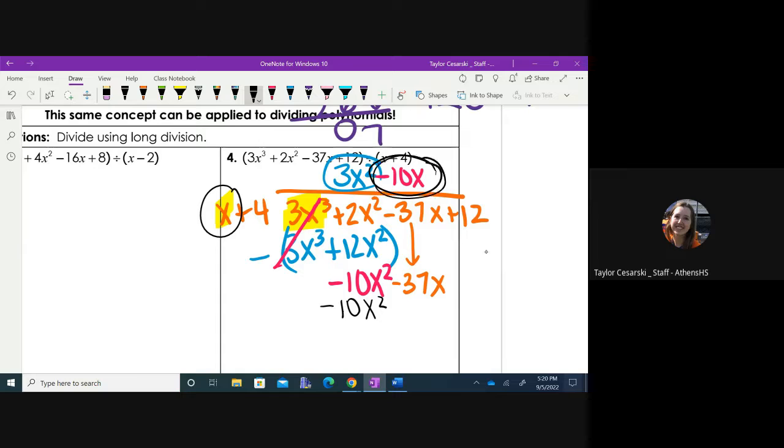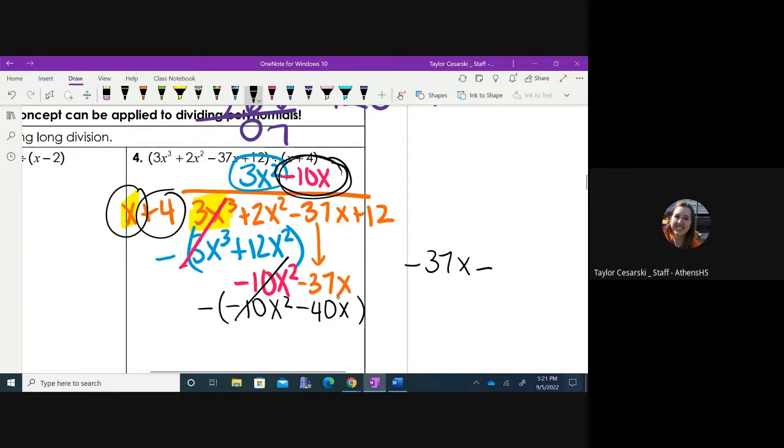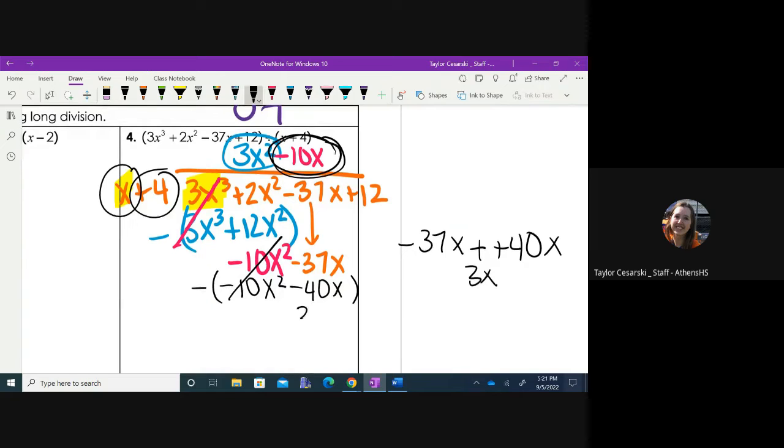And negative 10x times 4 is negative 40x. When I subtract, now be careful here because we're doing a negative minus a negative. So that's really negative 10x squared plus 10x squared, which would cancel out. And then over here, negative 37x minus negative 40x would be 3x. Okay, so that's 3x. And then we're going to bring down my 12.